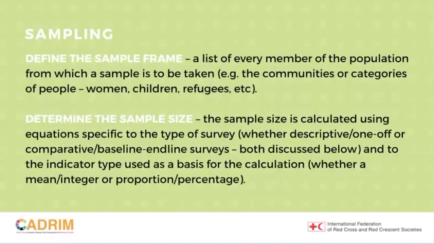And also you can make a map of all the lots that are in each of the communities where you want to implement the survey. So it's another way that you can define, or build, your sample frame.